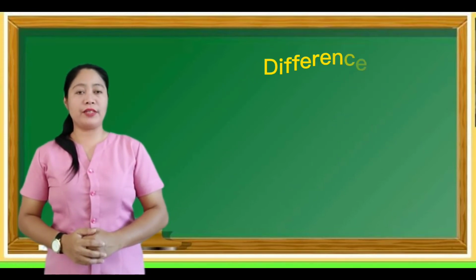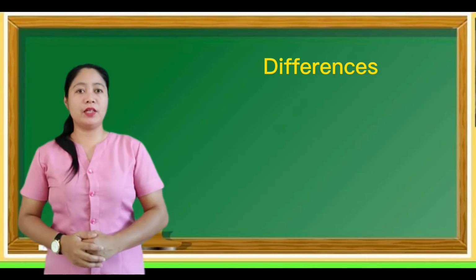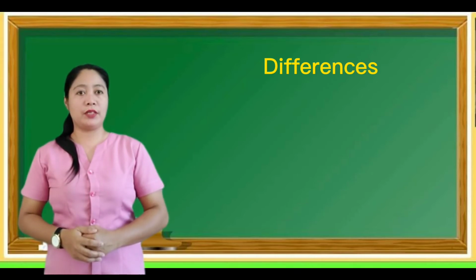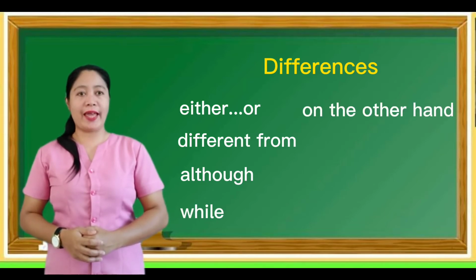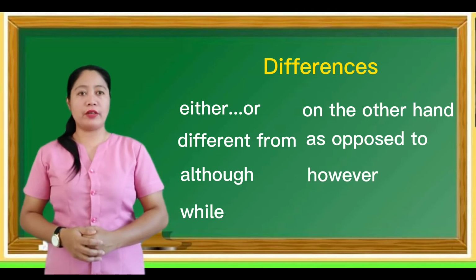And to show differences, here are the signal words or phrases you can use, like either or, different from, although, while, on the other hand, as opposed to, however, and compared with.